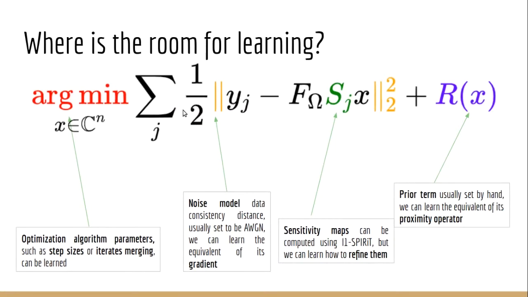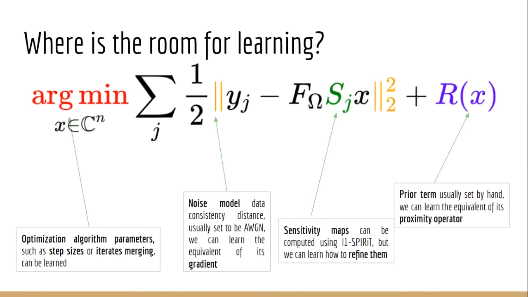You have first a data consistency, data fidelity term, which is here embodied by this L2 norm, and you also have a prior term, so a regularization term, which is here kept very generic. It's R of x. And when we solve this optimization problem, typically we are going to use, as Emily showed, a proximal gradient descent.